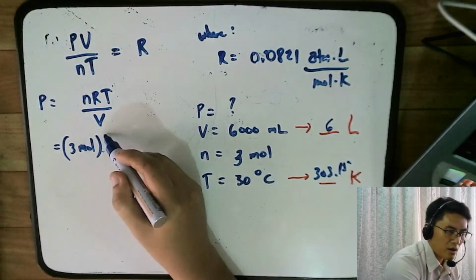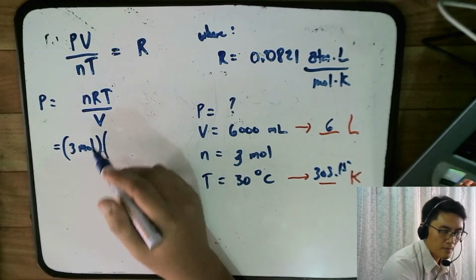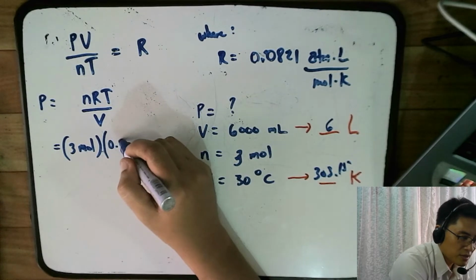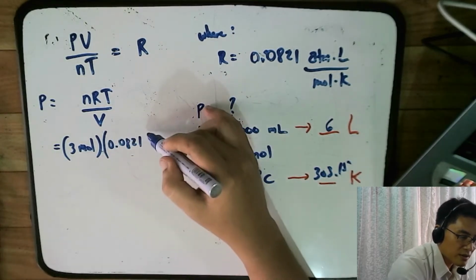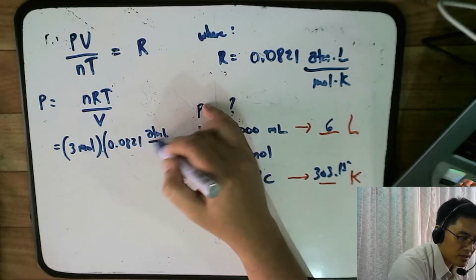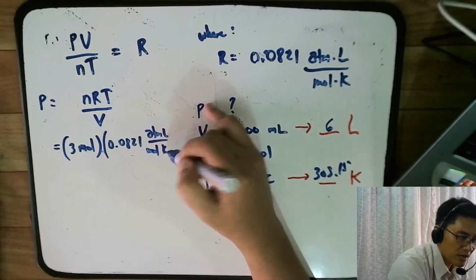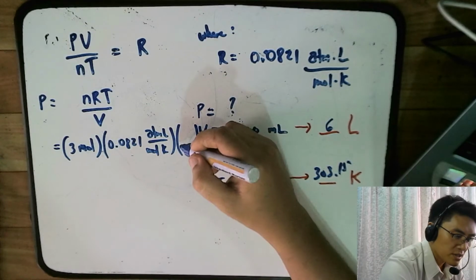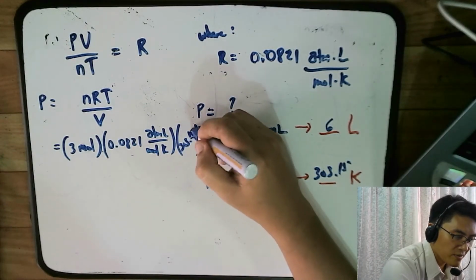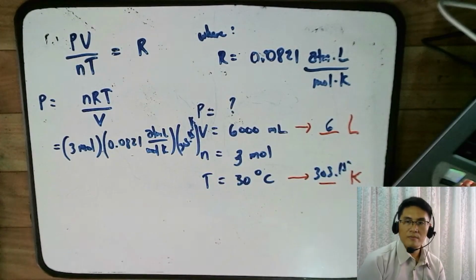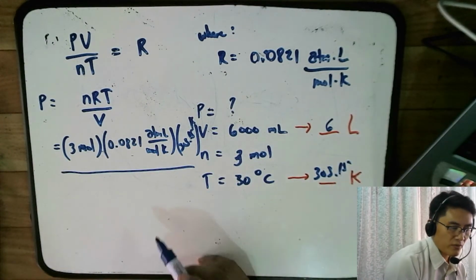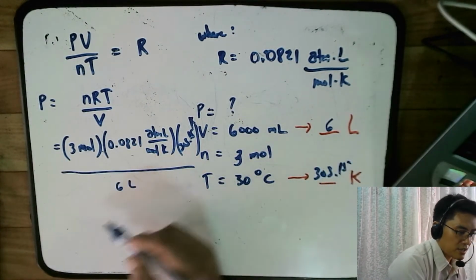You have the R, which is 0.0821, and then the unit is atm liter over mole Kelvin. And then you have the temperature, which is 303.15 Kelvin, right? And then you divide it by the volume, and the volume here is 6 liters.